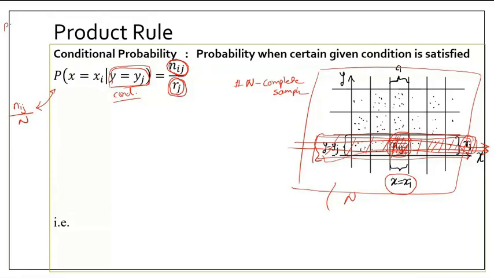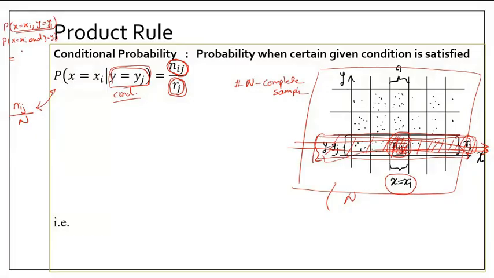So if I want to write nij by n, I will write x is equal to xi, comma y is equal to yj. It means this is a joint probability. If I have to satisfy these two conditions, both should exist, that is x equal to xi and y equal to yj.